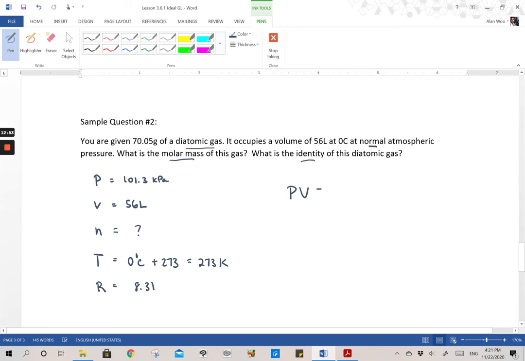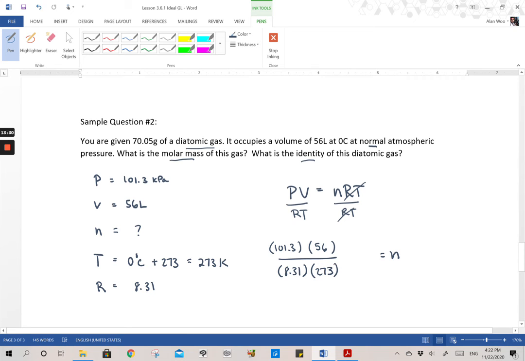So again, PV equals nRT. I'm trying to find n, so I divide both sides by RT. RT cancels out, and basically n is equal to pressure, so 101.3 times 56 liters, over R, which is 8.31, times T, which is 273.